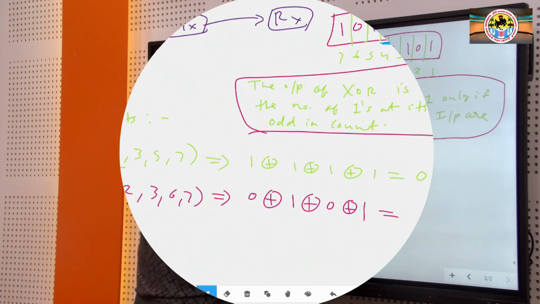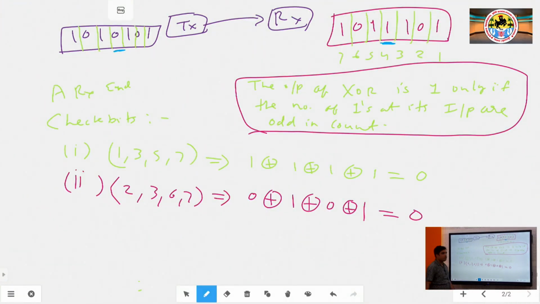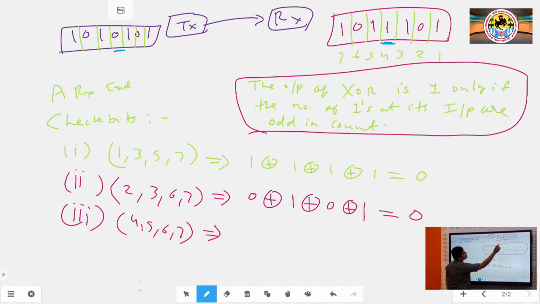Answer would be 0. All right. Now, our third group was 4, 5, 6, 7. We XOR these bits, we get data 1, 1, 0, 1: 1 XOR 1 XOR 0 XOR 1. Now, the number of ones is odd, so answer would be 1.